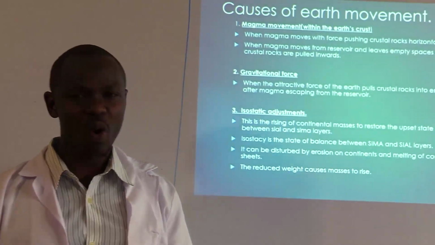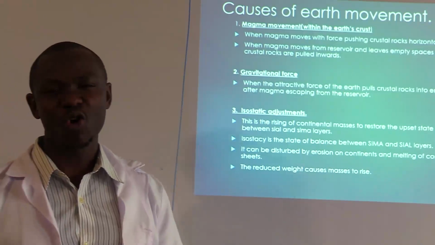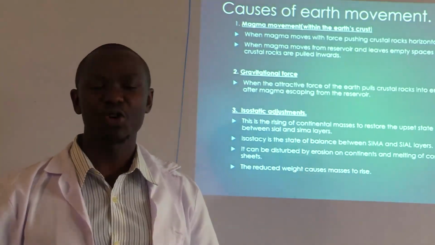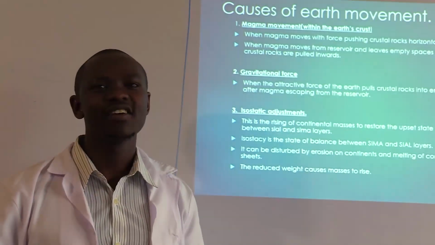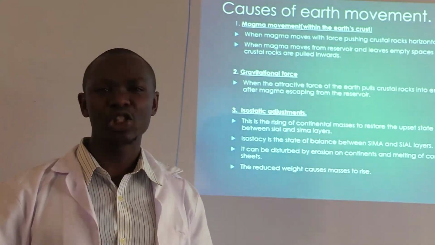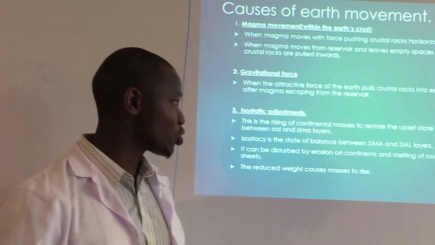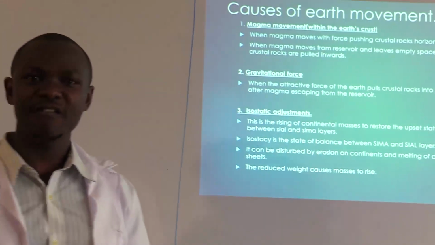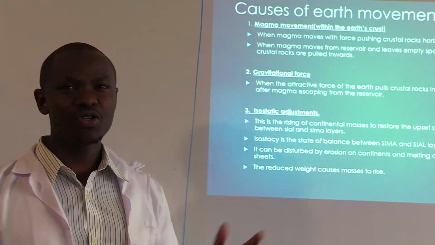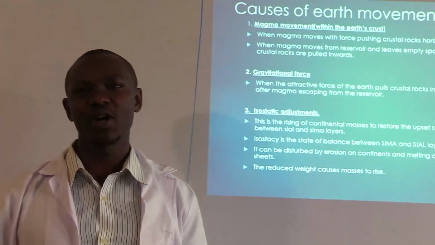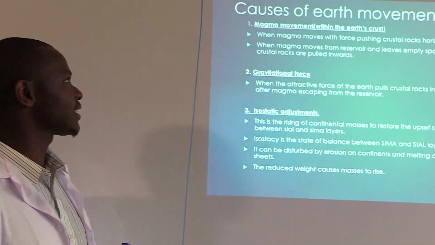And eventually, we shall discuss the cause called convectional currents. How do convectional currents within the mantle cause crustal rocks to move either vertically or horizontally? Those are the four major causes I want us to discuss during this class.